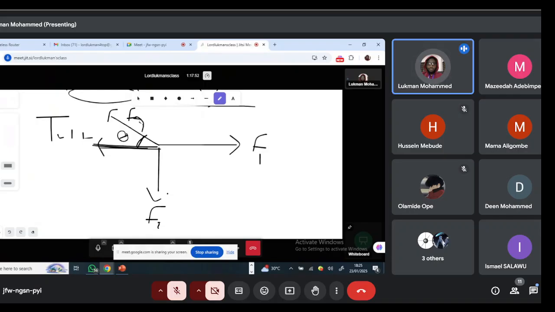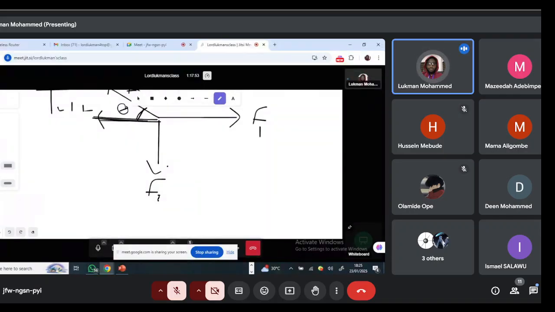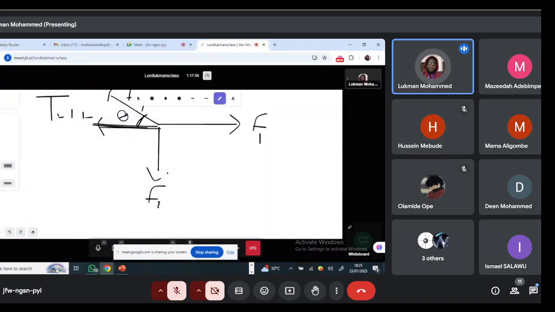So I want to combine these three and confirm whether they are in equilibrium. I can start from anywhere. If I start with F1, this arrow is now F1. Where this head stops, that's where the next one's tail must start. I want to draw F2, which is downward, so I draw downward from here.